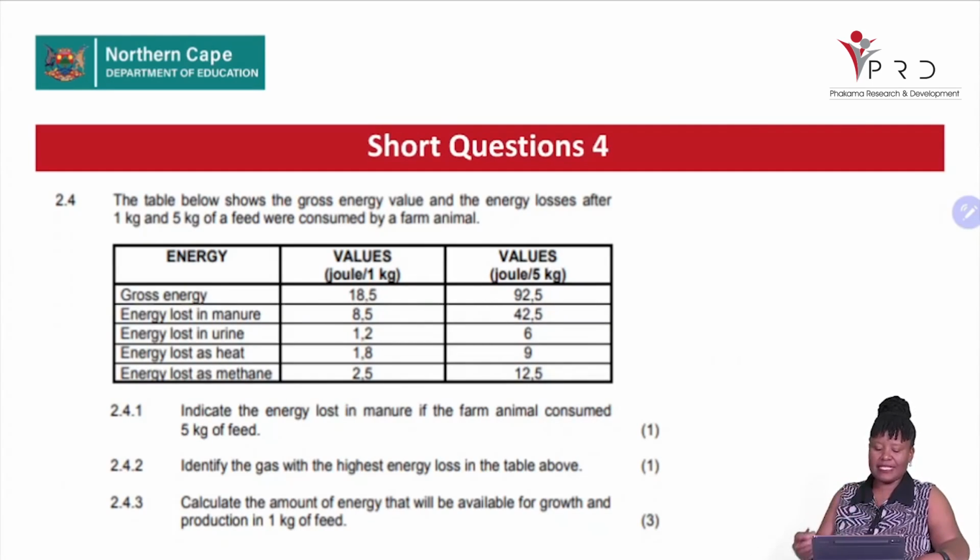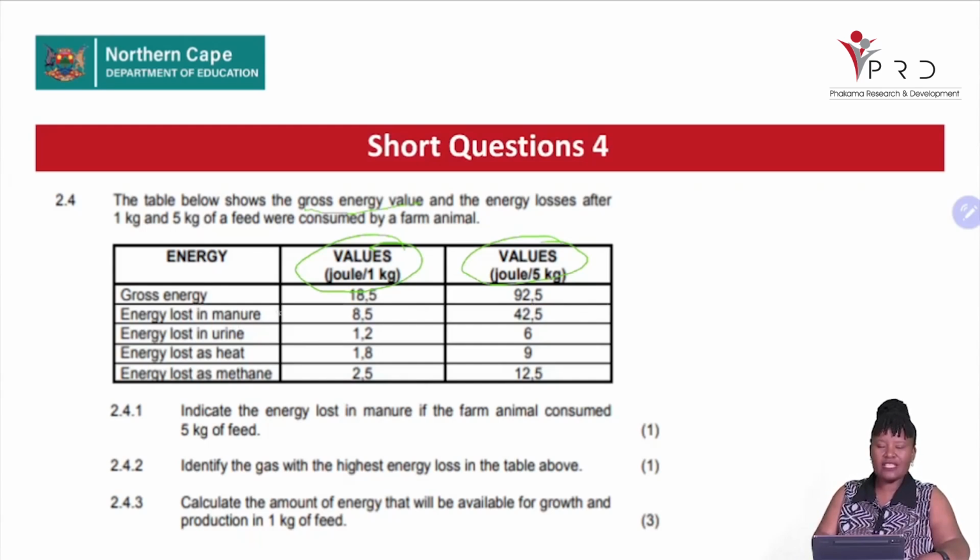2.4, you are given a table which shows the gross energy value and the energy losses after 1 kg and after 5 kg of a feed were consumed by a farm animal. Gross energy for 1 kg was 18.5, for 5 kg was 92.5.